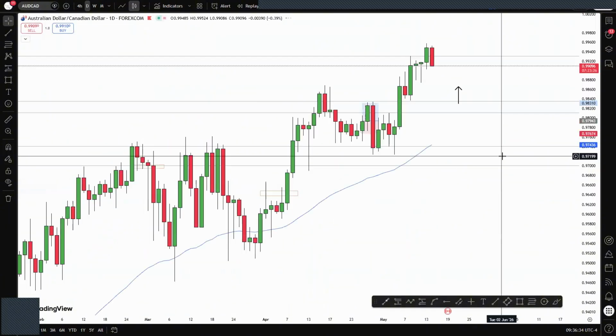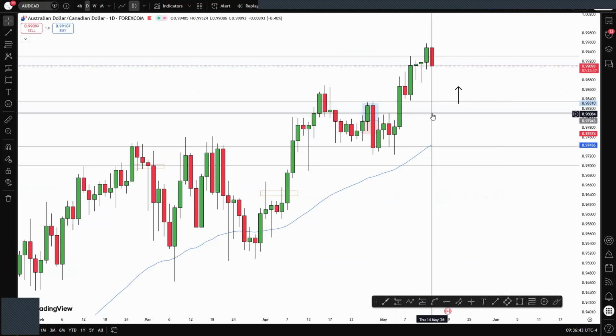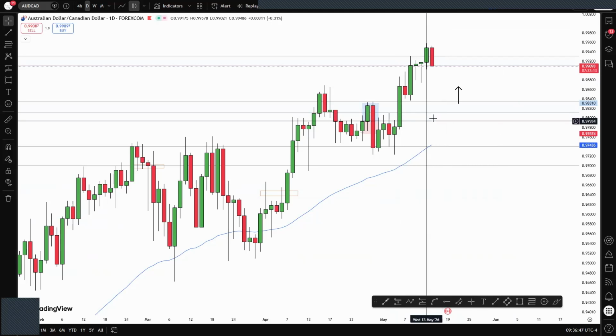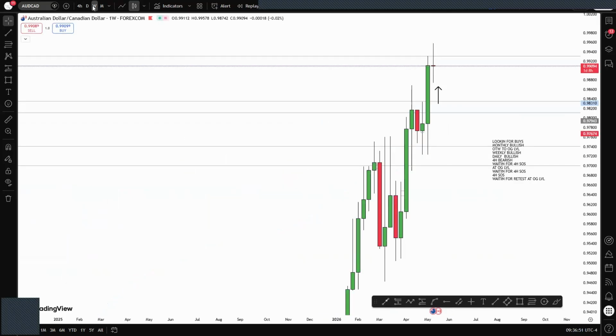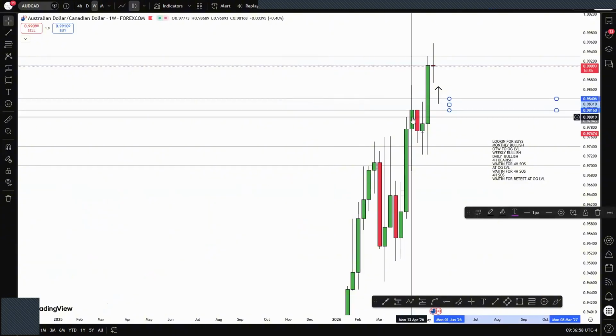The next trade we have is AUD CAD. Regardless of the nice break it had, you can see price is still trying to retest at this level. Interestingly enough, this will be our OG level, like I told you.